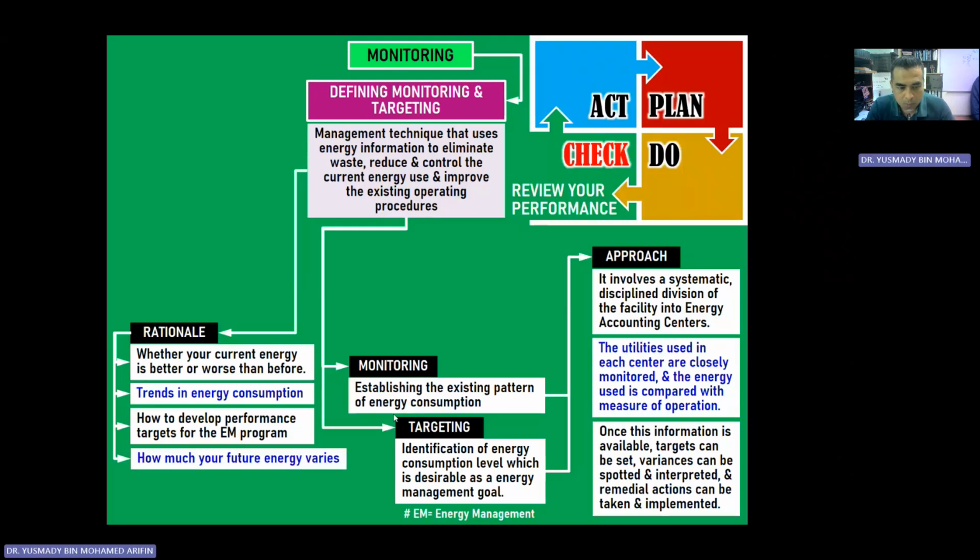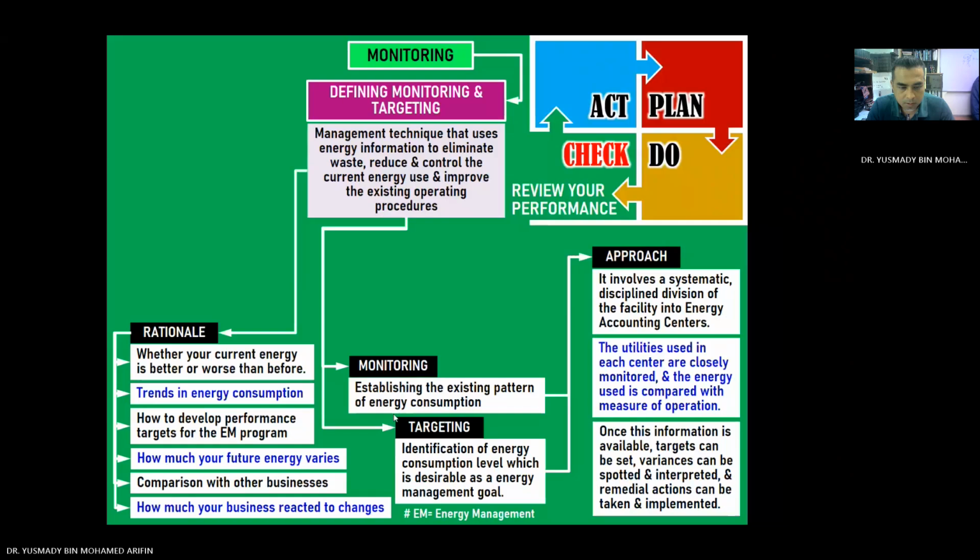We will know how much our future energy use varies. We can compare with other companies or other businesses. And also we can know how our organization reacts to changes. These are the rationale why we need monitoring and targeting.